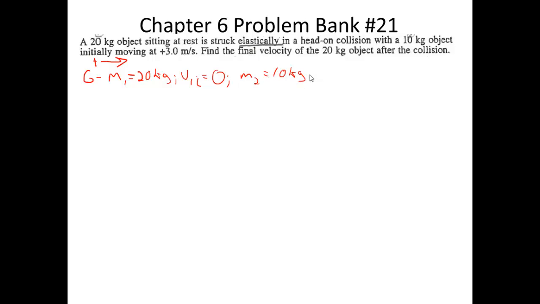And the initial velocity of the second object is equal to 3 meters per second.